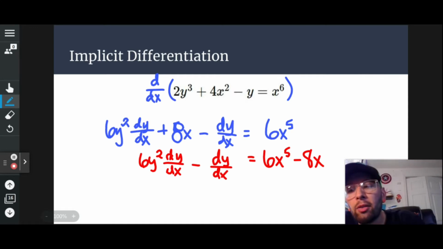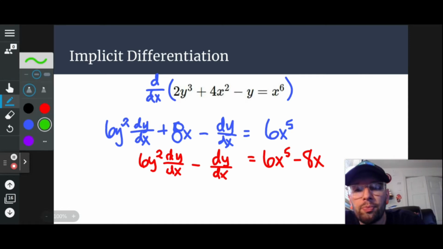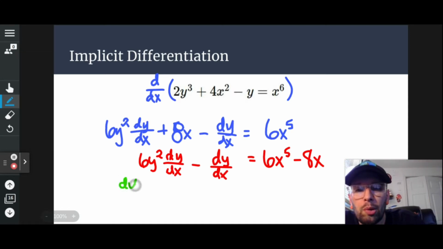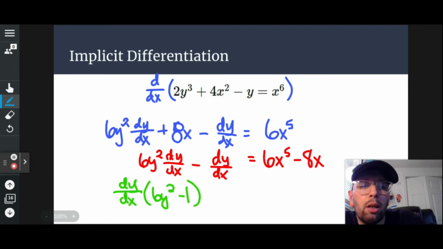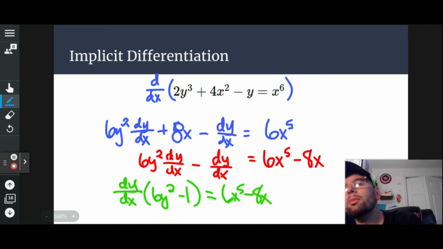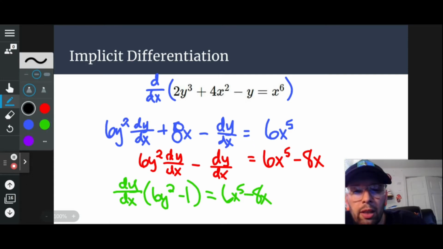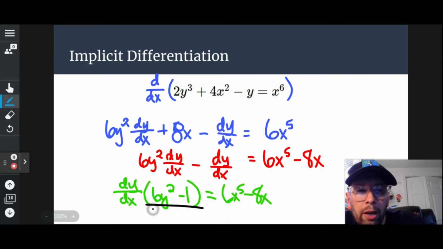Now is time to factor out the dy/dx. So that's 6y squared minus 1 equals 6x to the 5th minus 8x. Divide everything by 6y squared minus 1.